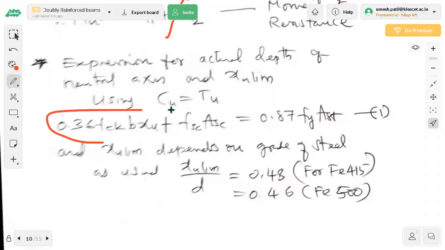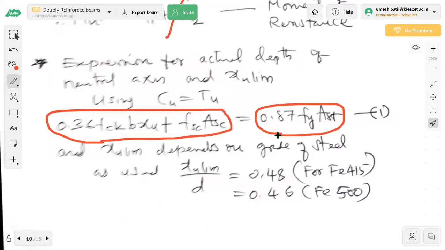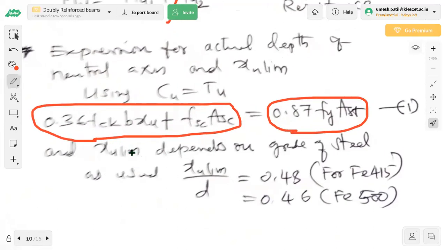Now what is Cu? This much is Cu. What is Tu? This is Tu. You can see the Tu has not changed, in case of singly reinforced or doubly reinforced, it is the same here. Tu is the same. What happened to Cu here? Can you understand what this is? One term has come extra as against the singly reinforced section.